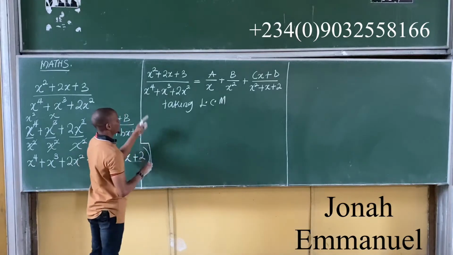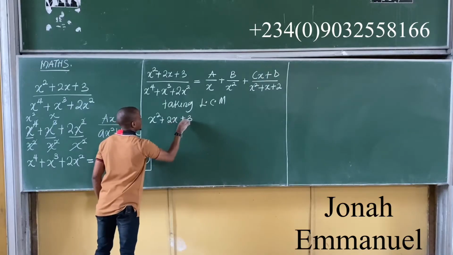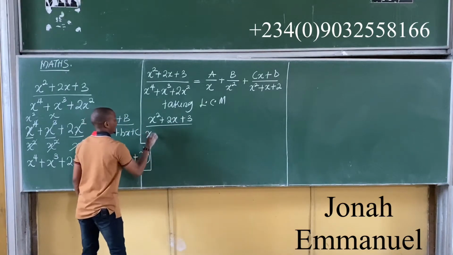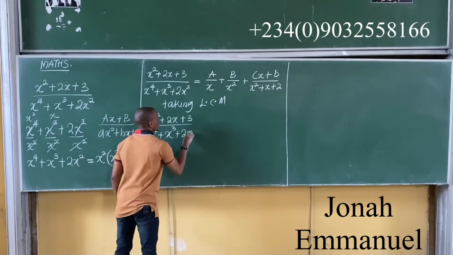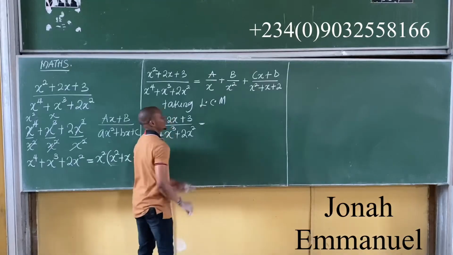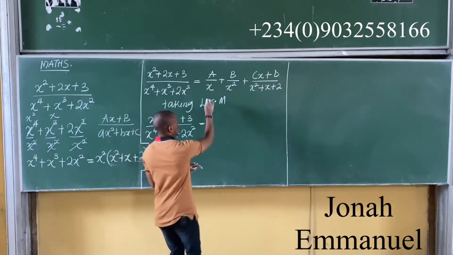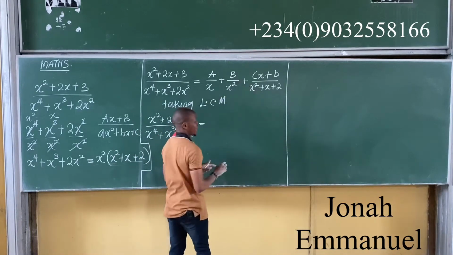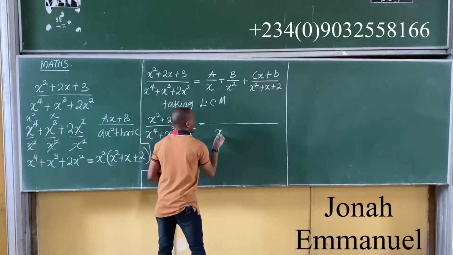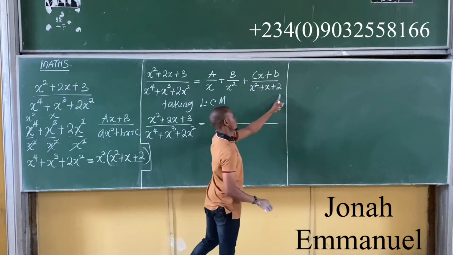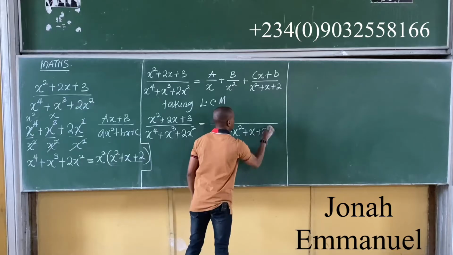From here it comes: x squared plus 2x plus 3 all over x power 4 plus x power 3 plus 2x squared is equal to, for this one, take LCM. We've said when it comes to repeated roots, for these two, the LCM becomes this one here, with the highest power. So it becomes x squared into this one here, x squared plus x plus 2.